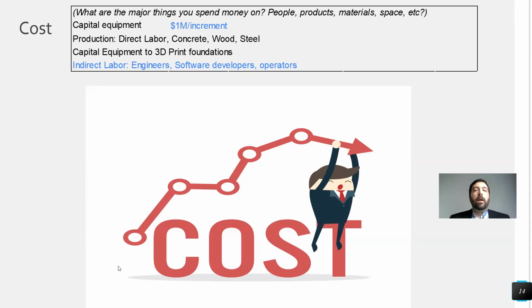So again, we went through costs. We identified all of the things that we just discussed, the increment of capacity or capital. We discussed the reduction of direct labor costs and all of those things. And then obviously we've got a lot of indirect costs as well, that'll be our engineers.